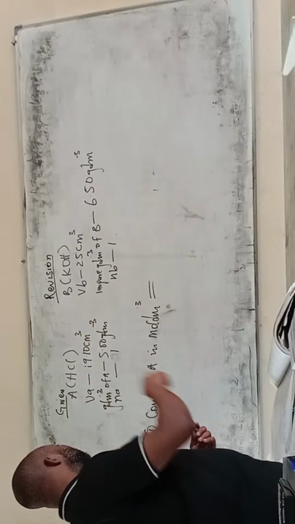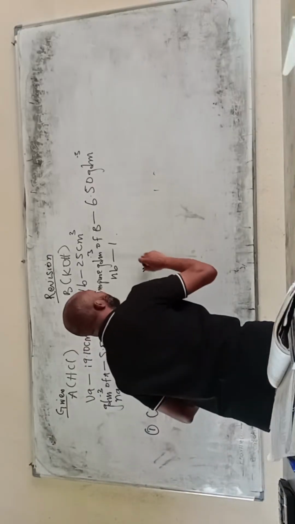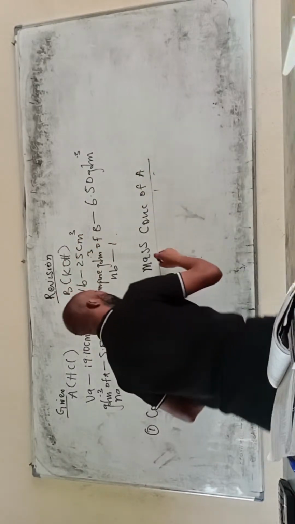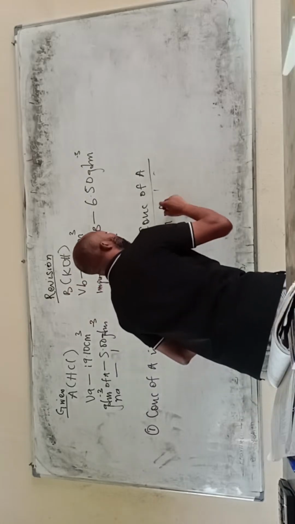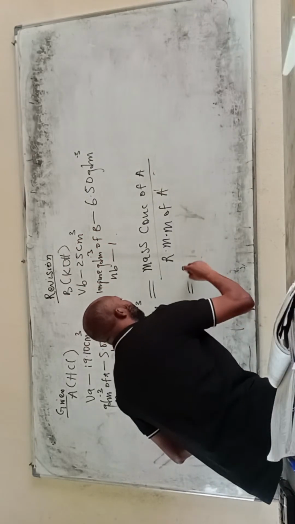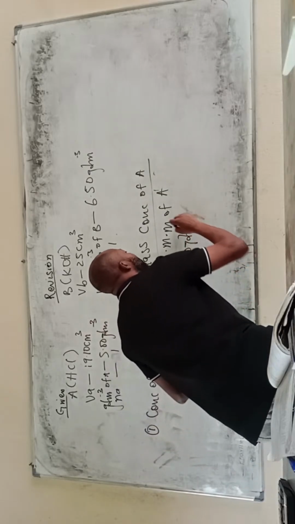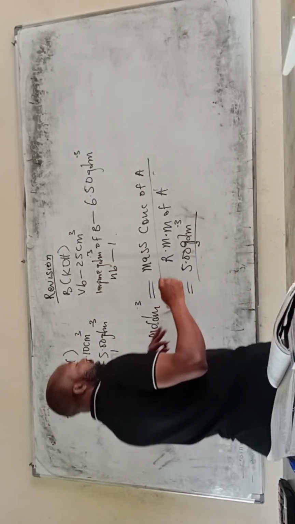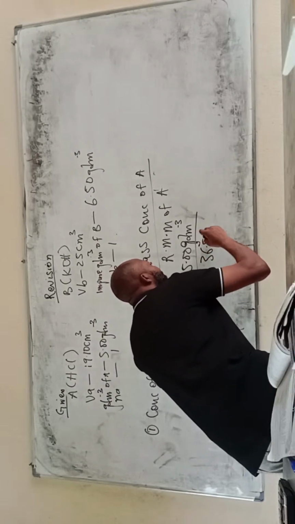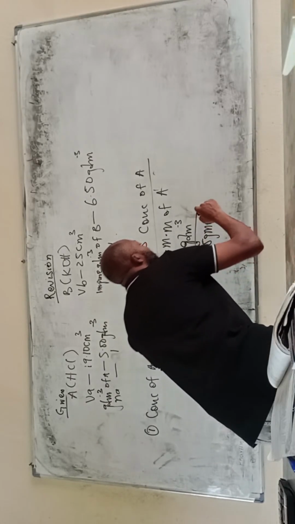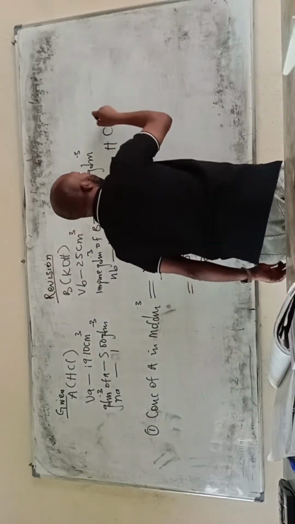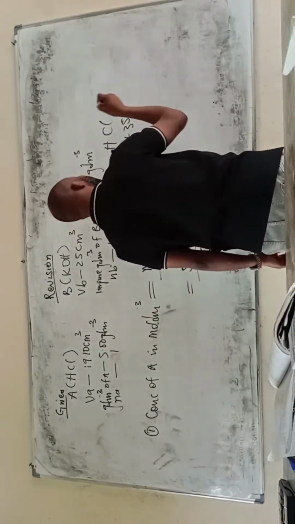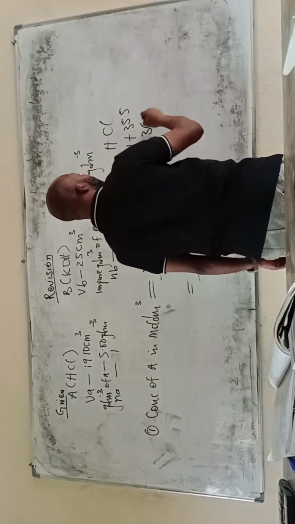So we are going to use that formula, which is mass concentration of A over relative molecular mass of A. Now, the mass concentration of A is given to be 5.00 g/dm³ over the relative molecular mass of HCl, which is 36.5 g/mol. Now, how do we get that? This is HCl. Hydrogen has a mass number of 1, plus chlorine has a mass number of 35.5. If you add this, you have 36.5.